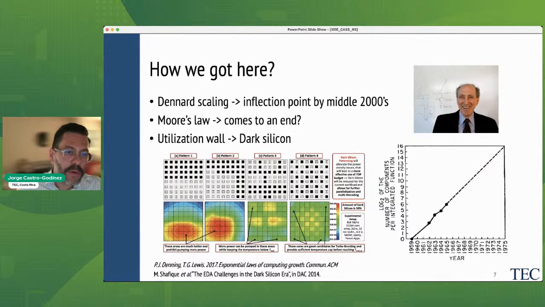So we have experienced in the last 2 decades different important effects. One of them is knowing that Dennard scaling no longer really applies as we go more into the submicron and the nanoscales of the transistors.